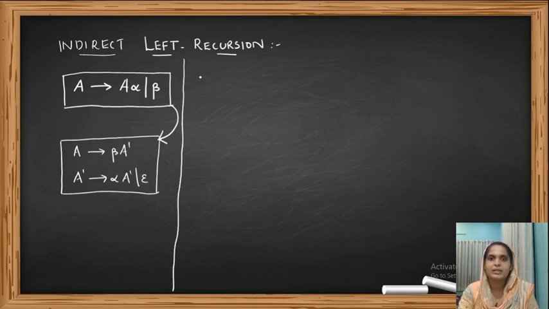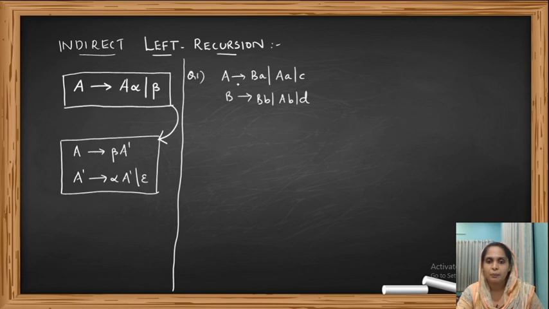I will explain it with the help of an example. Question 1: A produces BA | AA | C, and B produces BB | AB | D. In these two productions, it is easy to find the direct left recursion.